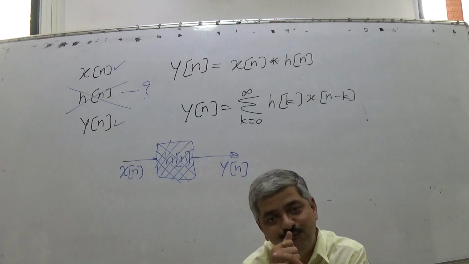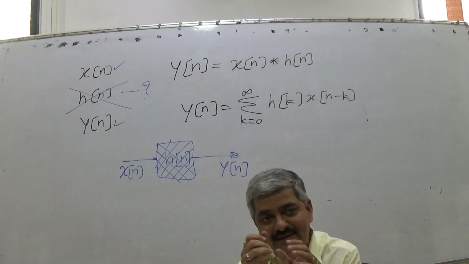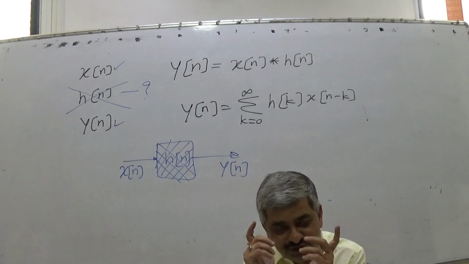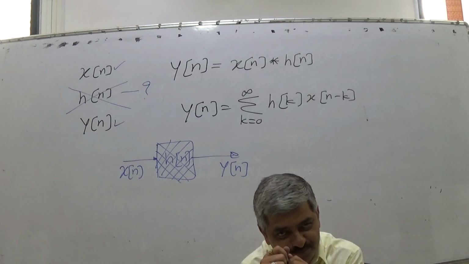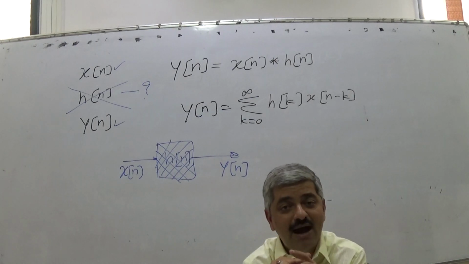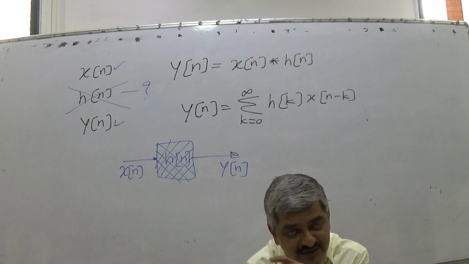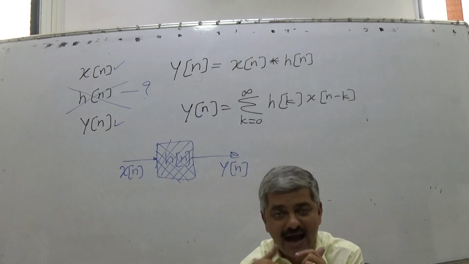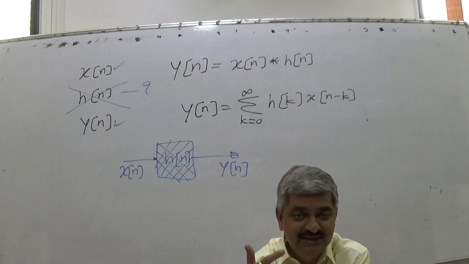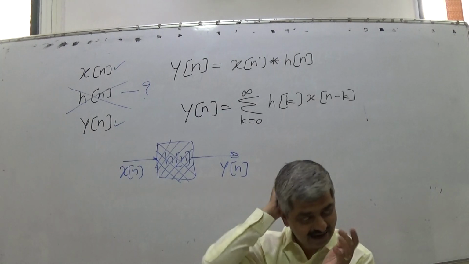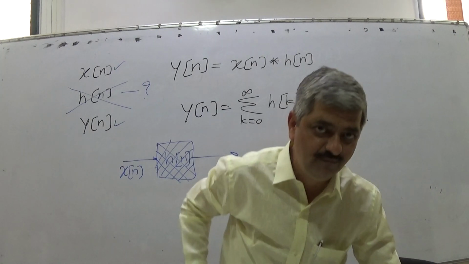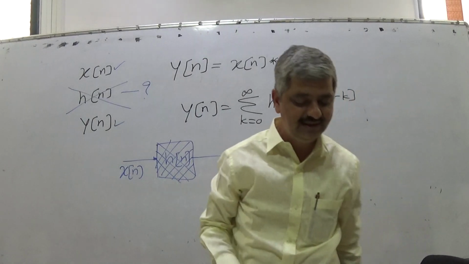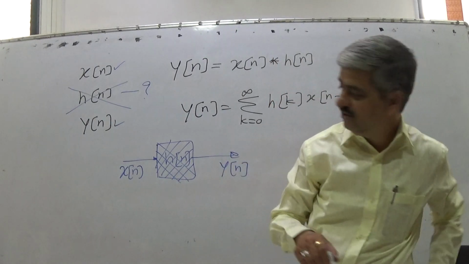Can I think of such an input which, if I apply, then the output I get is the system sequence itself, and whether that input I think of is very easy and feasible, let us talk about.